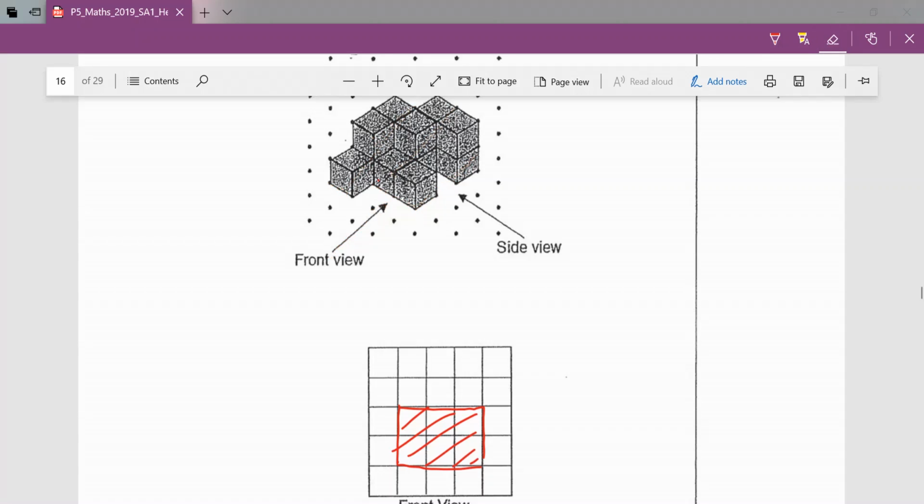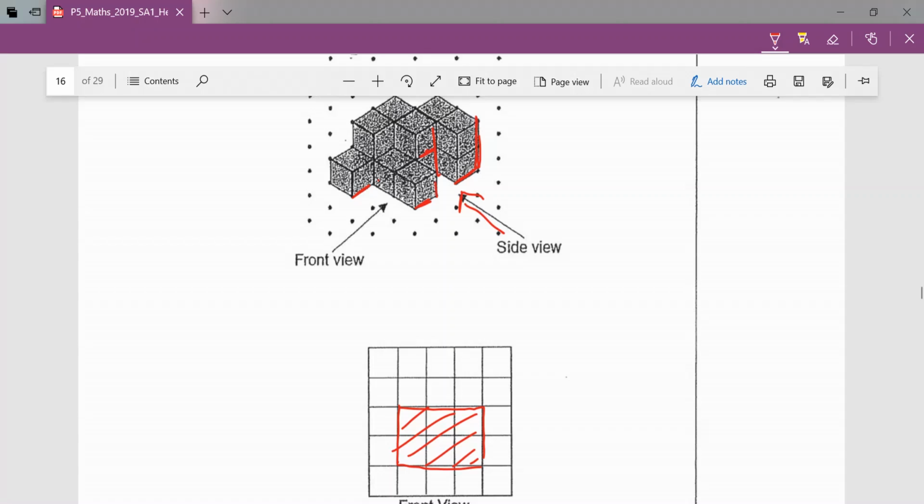Alright, and then now let's look at the side view. Side view is on this angle. You have 1 here, okay, 2 over here is hidden, it's represented by this one, 3, and then 4. And then let's look at the height. This will be 2 units, yes, this will be 2 units.